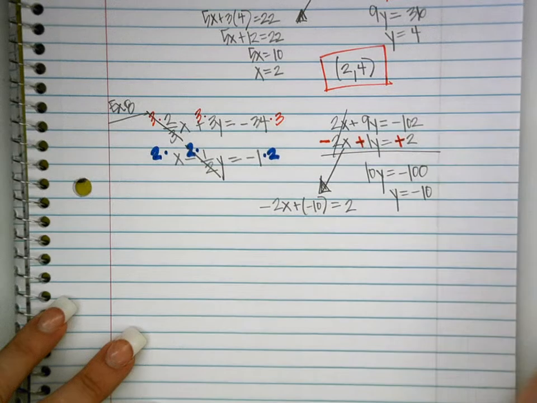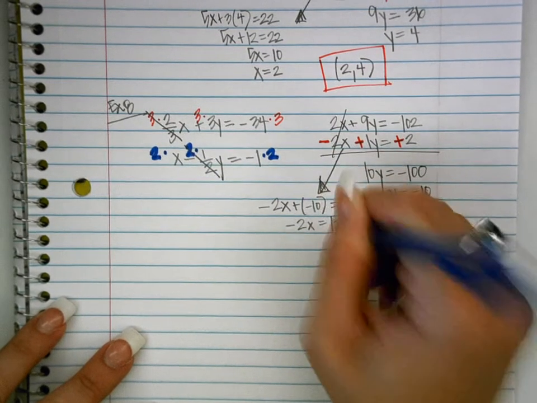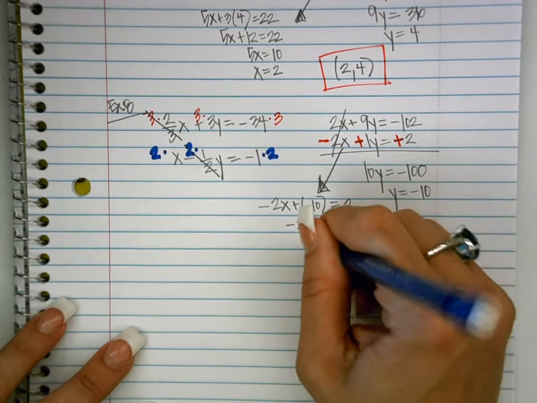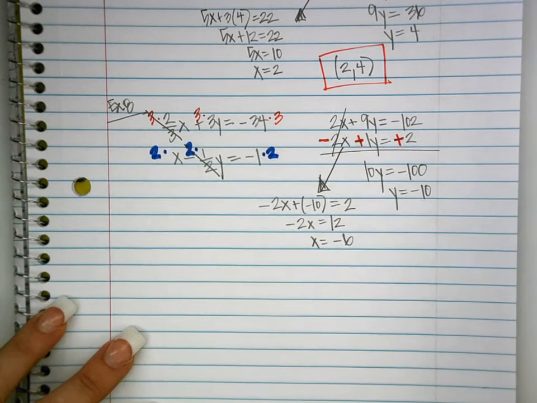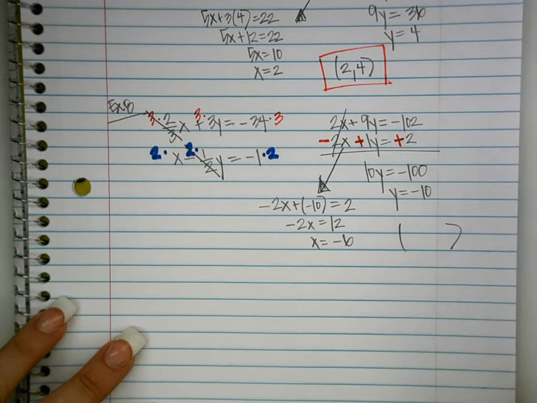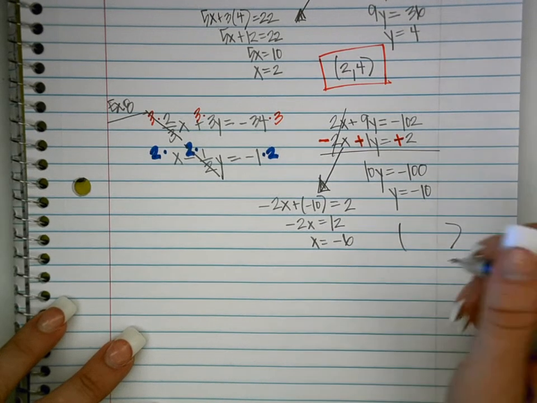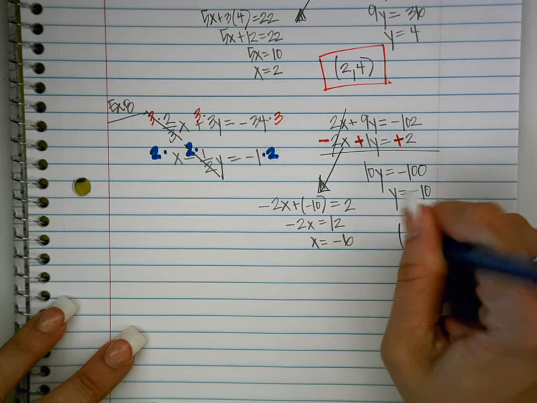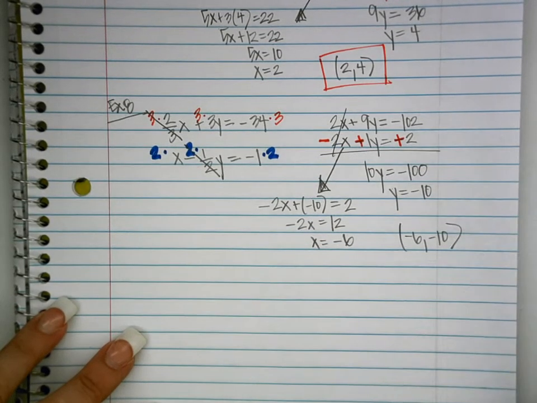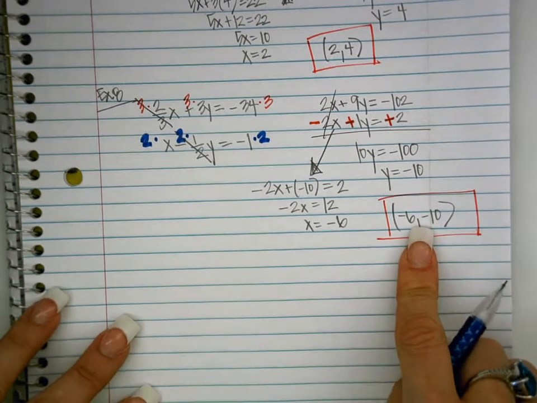If you add 10 to both sides, we get negative 2x equals 12. X equals negative 6. So where would you cross these two equations? What's your actual answer? Negative 6, comma negative 10. So if you graph those two equations, they would cross at negative 6, negative 10.